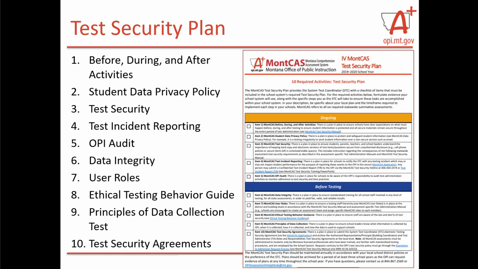This plan is in place to ensure student privacy is protected, to ensure students, parents, teachers, and school leaders understand the importance of keeping test items secure from unauthorized disclosure, to ensure standardized training and testing conditions to yield fair, valid, and reliable results, and last but not least, to routinely monitor adherence to test administration, security, accessibility, and best practices to optimize student performance. Actionable feedback is necessary and is just one example of active monitoring.